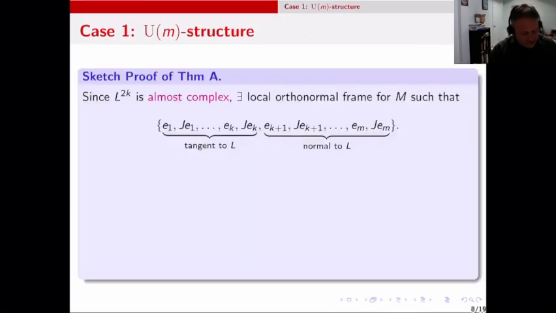Let me just sketch the proof. Since we have an almost complex submanifold, that's what our hypothesis was, that L was calibrated with respect to alpha, which is omega to the k over k factorial.